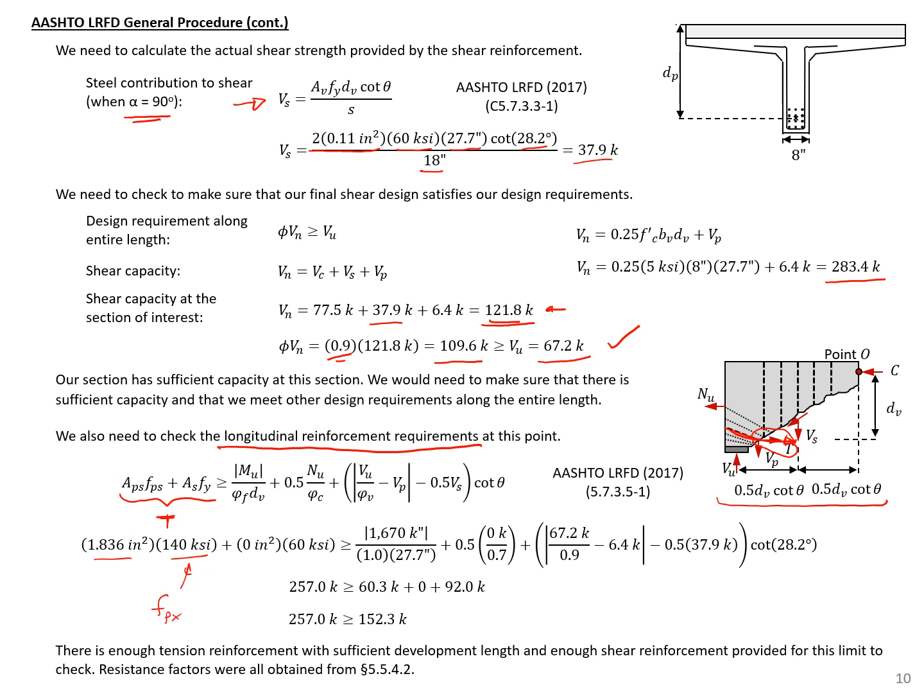Needs to be greater than or equal to everything here on the right side. So just plugging in all of our values from earlier, we'll see that the left side 257 kips is greater than the right side 152.3 kips. So our section here meets our longitudinal reinforcement requirement.